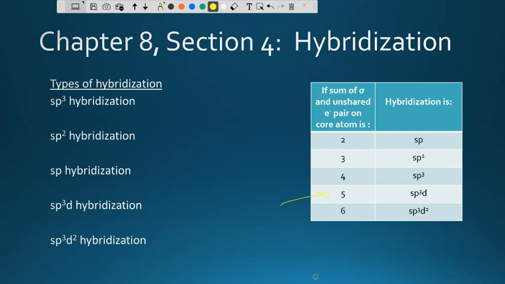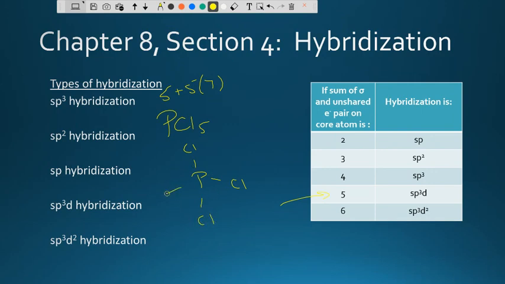So you see some different examples of, like, PCl5. We have phosphorus, and phosphorus has 5 total, and we have 5 chlorines with 7 total electrons around there. And so what we end up with to get 5 and 0 is, remember, we have our chlorine, our chlorine, our chlorine.